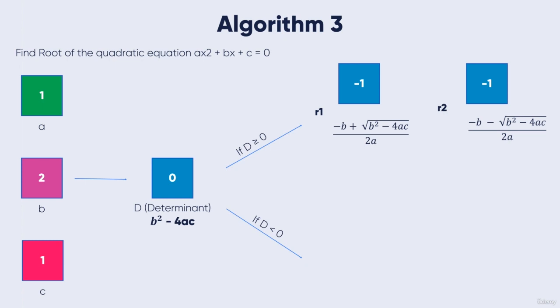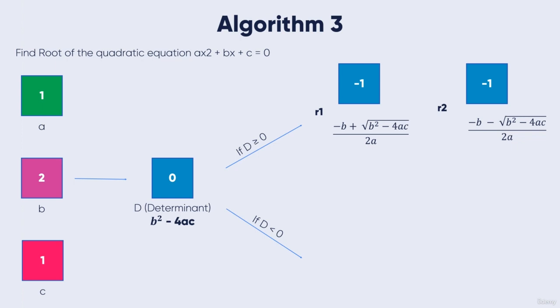And r2 is calculated by minus b minus radical b squared minus 4ac over 2a. This example will result in r1 equal to r2, which is the double root when the determinant is equal to 0.